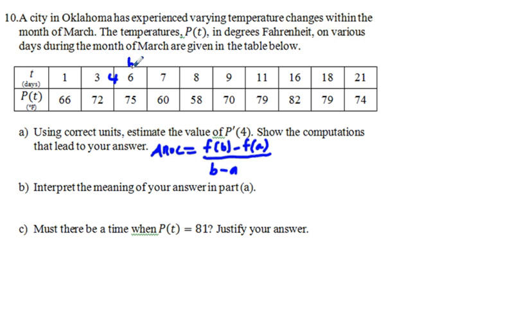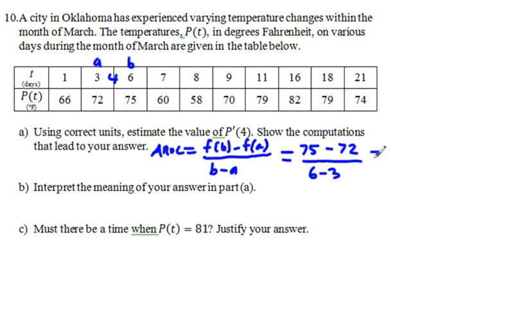So here we could say that 6 is our B, and 3 is our A, and f of b is going to be 75. Okay, 75. And f of a is going to be 72. And b minus a, well, that's going to be 6 minus 3.